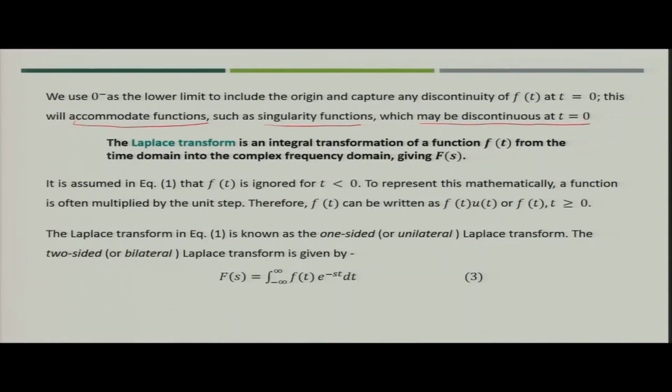So, what can we say about the Laplace transform? We can say that the Laplace transform is nothing but an integral transformation of a function f(t) from the time domain into the complex frequency domain, and it is given by F(s).